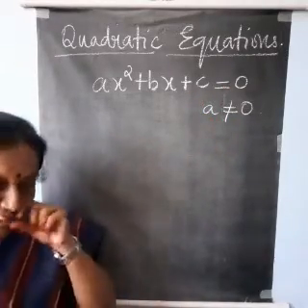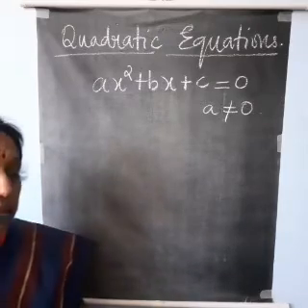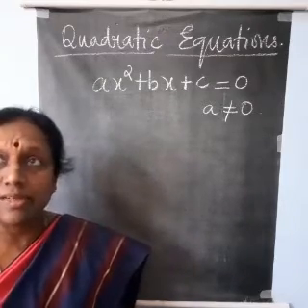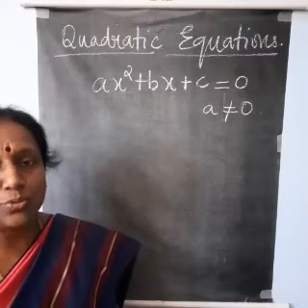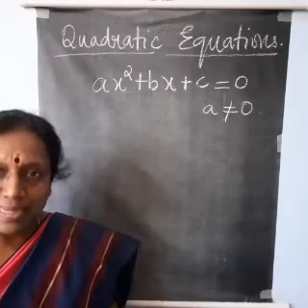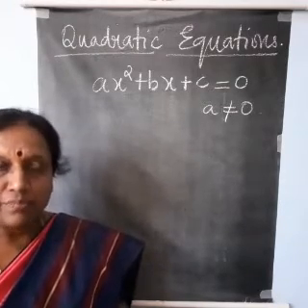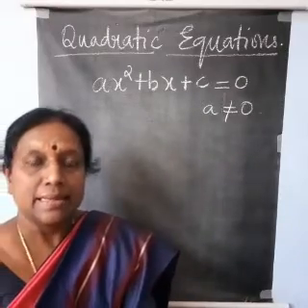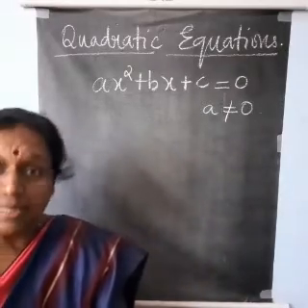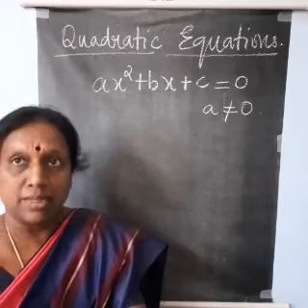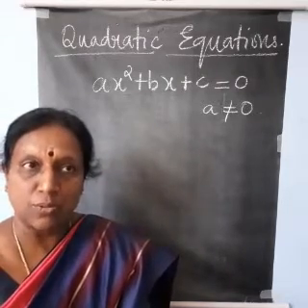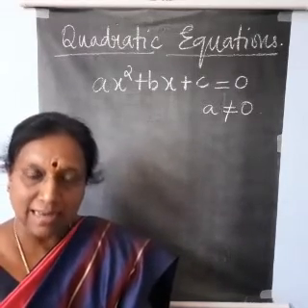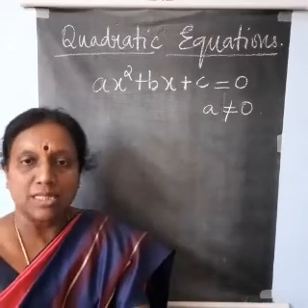Understand? Now, the quadratic equation is useful in our real life, that is day-to-day life, in many situations. It was used to find lengths and breadths when the area was given. Then it was used to find the speed of a train or a bus or whatever, if the distance and time taken was given.